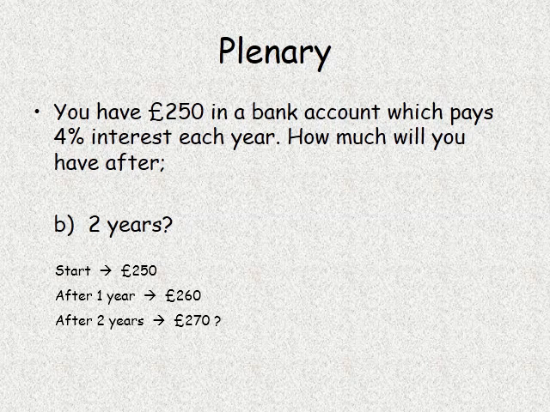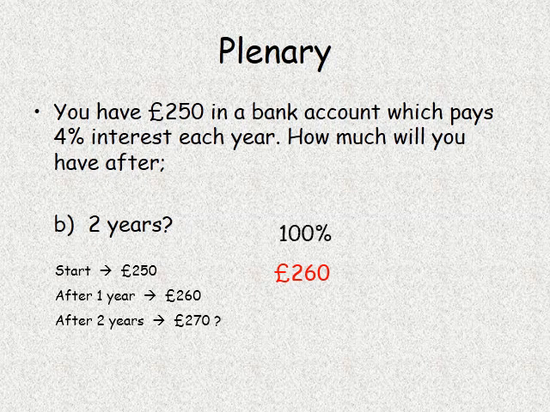Okay, well the answer is no, it isn't, because, assuming that we don't take any money out, of course, the new amount becomes 260. We had 250 in the first year, and then we kept it for a year. That 250 is now worth 260, and it is on this amount that you will get the interest.